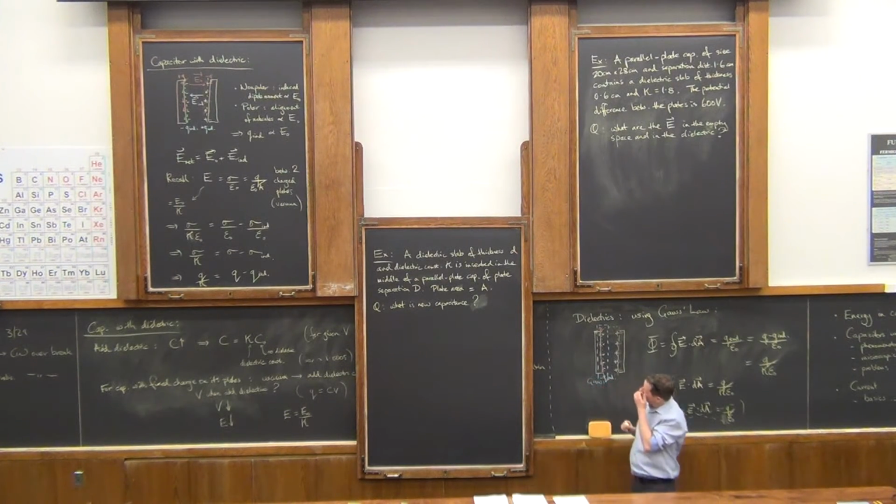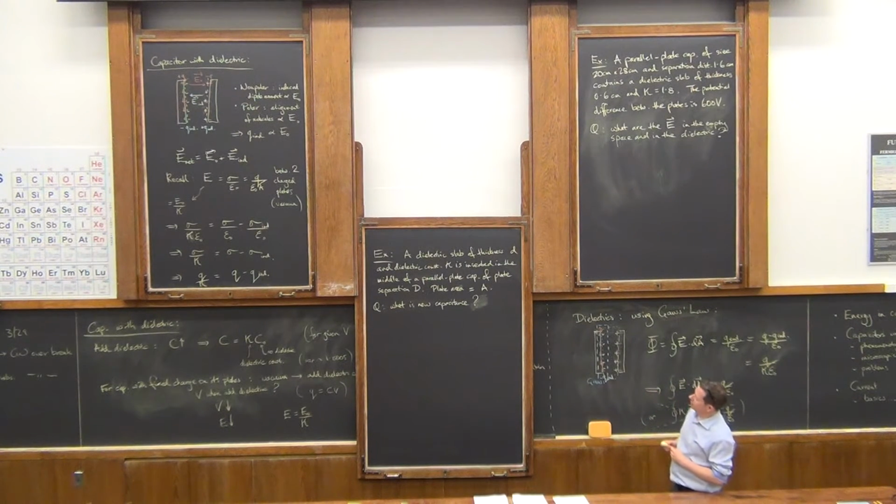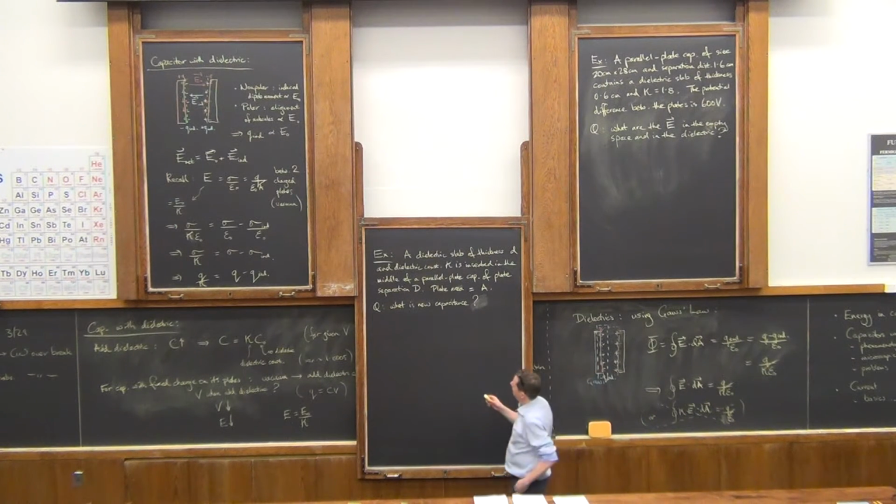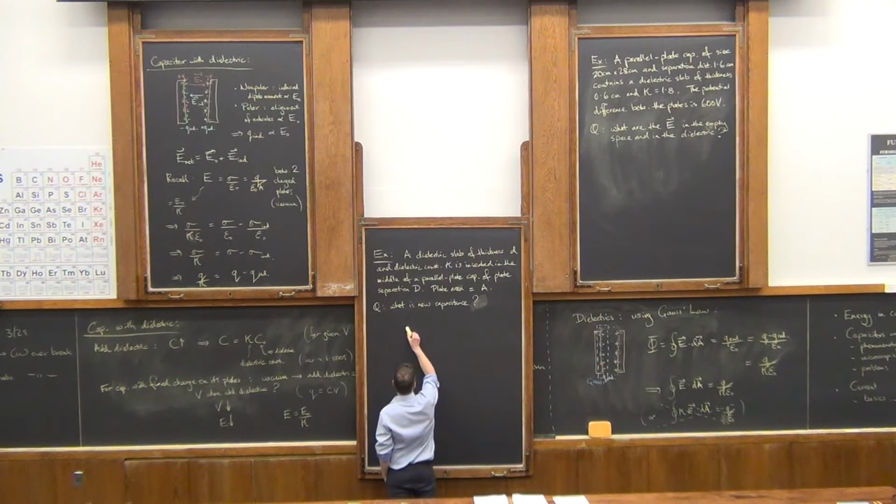A dielectric slab of thickness little d and dielectric constant kappa is inserted in the middle of a parallel plate capacitor of plate separation D. Plate area is A. What is the new capacitance? So I'm going to draw this in this orientation just to save some space.